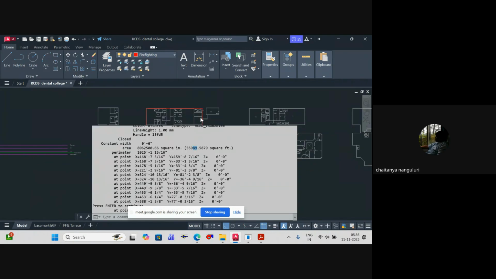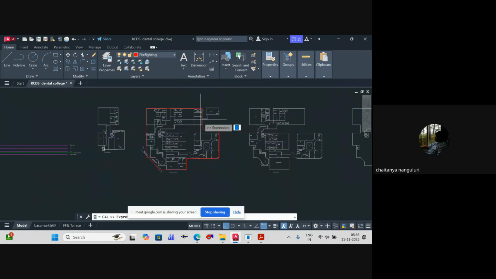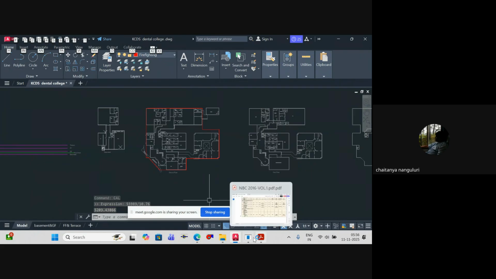5,005. So divided by 10, 55,989. 55,989 divided by 10.76. Yes. So it will be 5,203 square meters. You agree? Yeah.